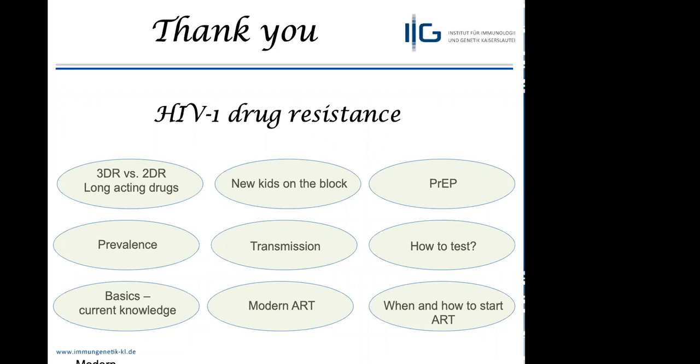So we really have to be careful using these drugs at the beginning, and for this it's really important to talk about low-level viremia, because if these patients lose the opportunity of active dolutegravir or bictegravir for the future, this is more than an issue. It might affect the life expectancy of these patients, because these are the drugs which will be our backbone for all future treatment regimens.